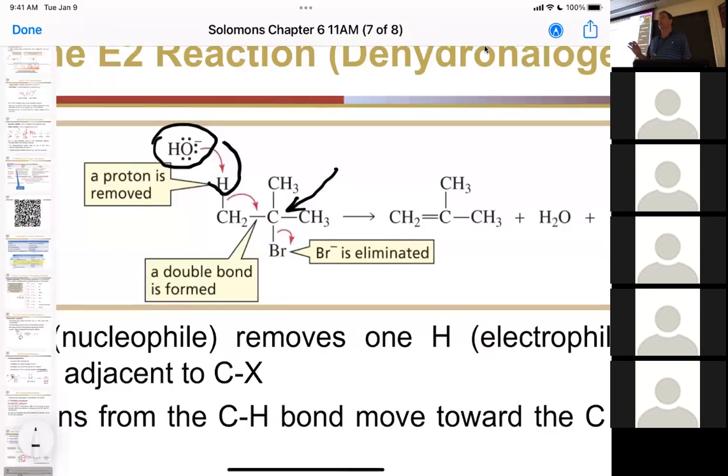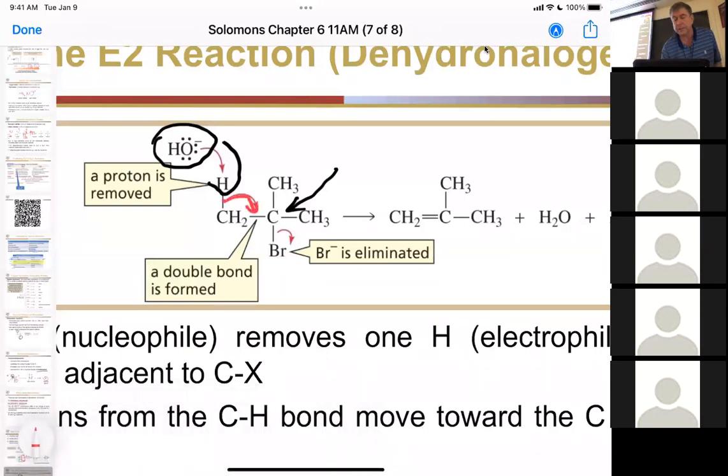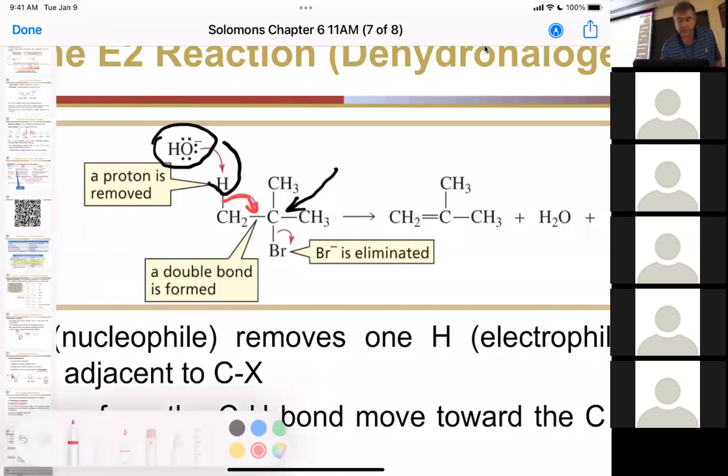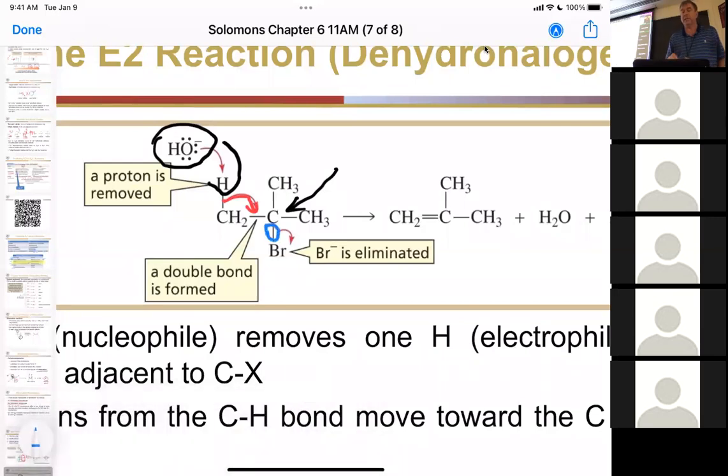As it pulls that hydrogen off, the sigma bond between the hydrogen and the carbon breaks and the electrons come down to form our pi bond. As that's forming, the electrons from this sigma bond kick out with the bromine, giving us our leaving group. It all happens at the same time.